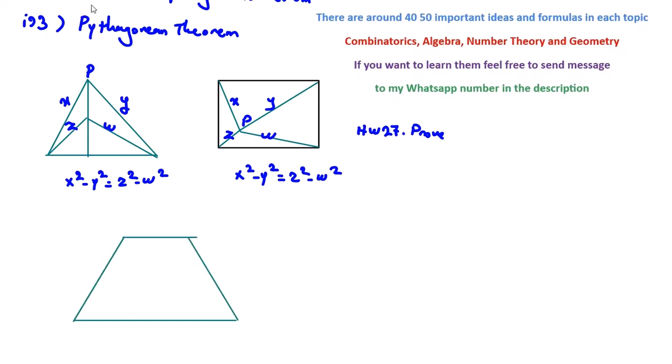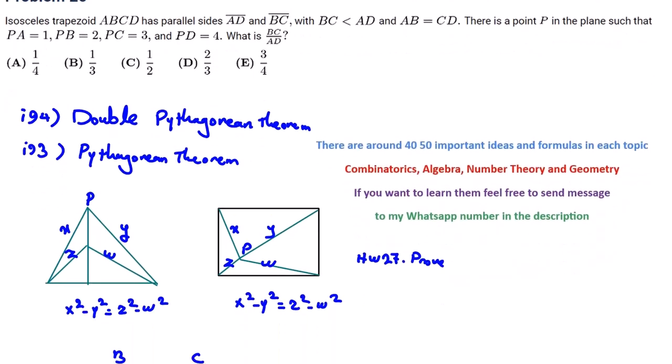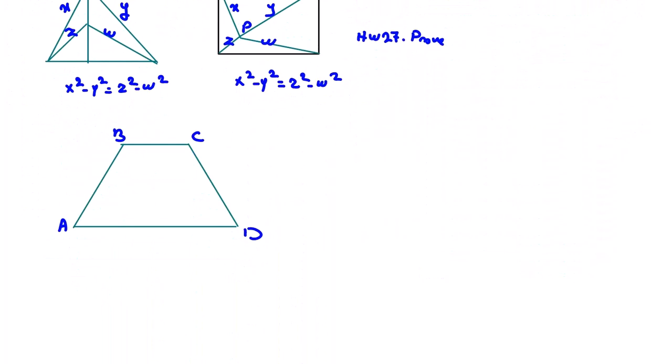Now, I think if we call it A, B, C, D, it will be okay. BC less than AD, yes, AB equals CD. PA, PB, PC, PD are 1, 2, 3, 4. For example, we can consider P inside or outside. Both of them are okay.